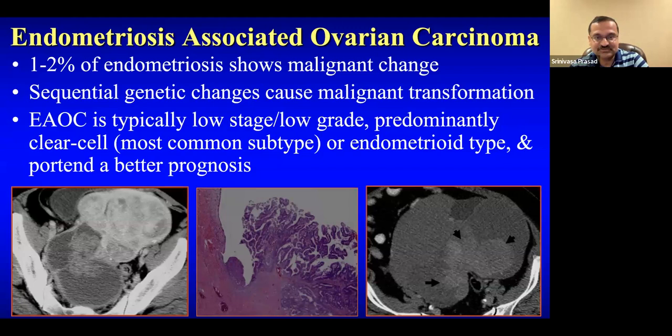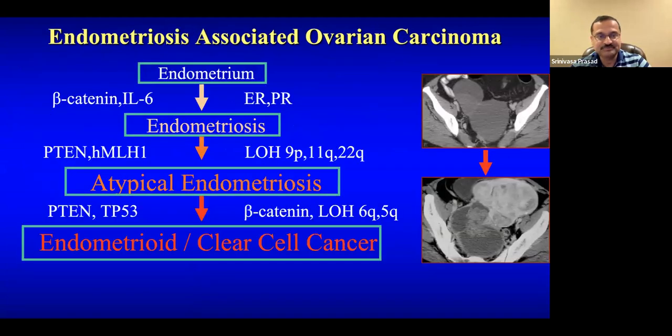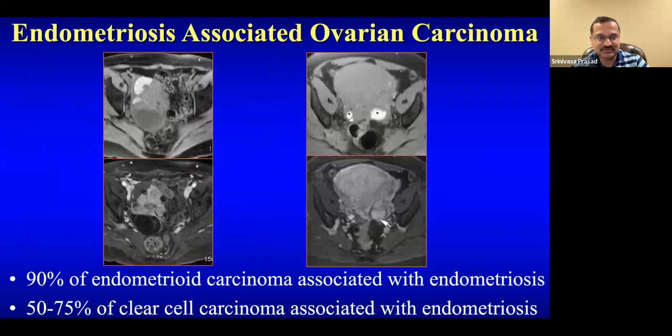There are sequential genetic changes that cause the malignant transformation from a so-called benign endometrioma to so-called atypical or cuboidal endometriosis to finally malignant endometriosis. So there are some of the genetic changes that will propel the transformation of endometriosis to endometriosis-associated cancers.